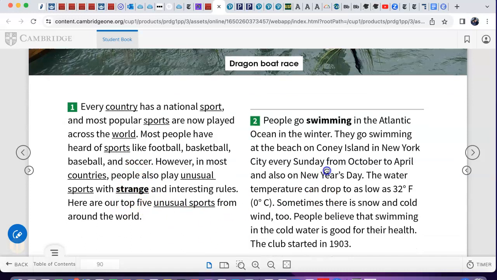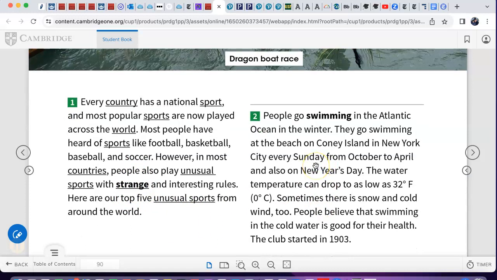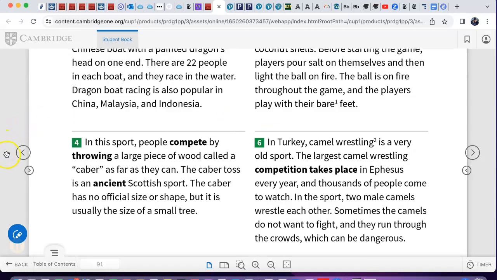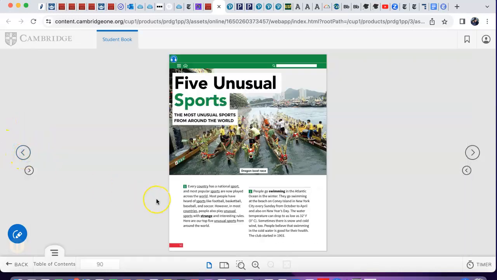And then we have verbs. Actually, we need to continue a little bit further to see some examples of verbs, such as compete and throwing in the fourth paragraph. But we're going to focus on just the first paragraph for right now.